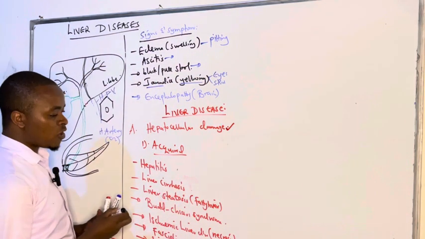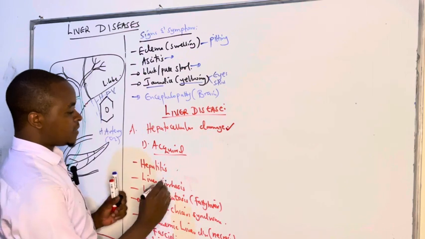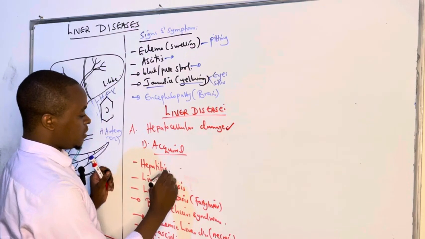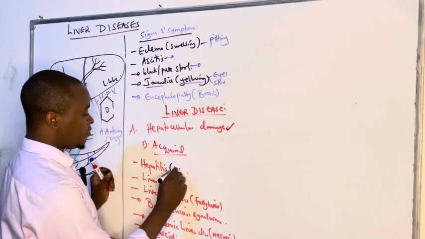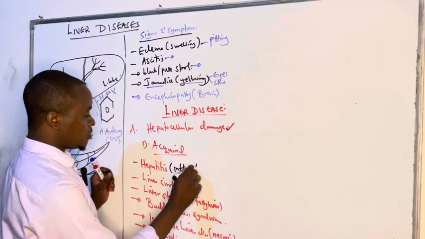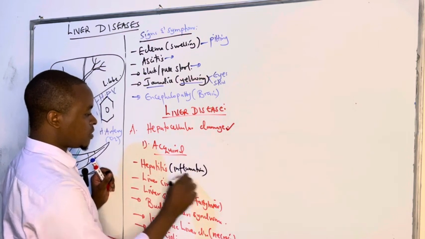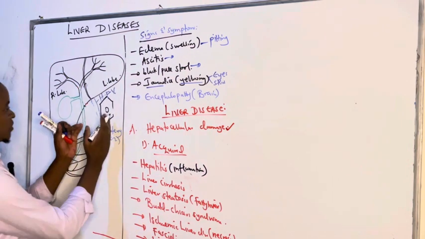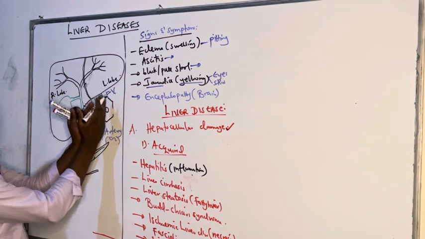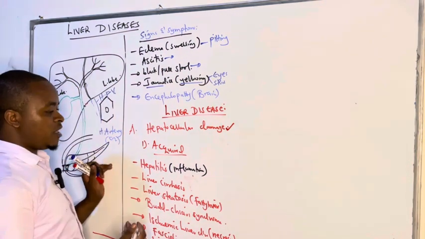Then we want to see the cause. If it is hepatitis, what causes hepatitis? Hepatitis is inflammation of liver cells. You find these liver cells, which are honeycomb in shape, have been inflamed.